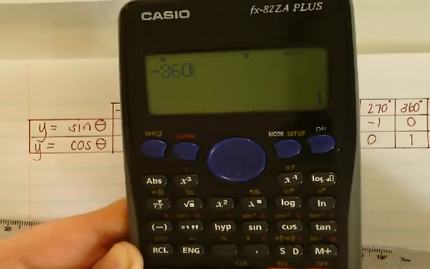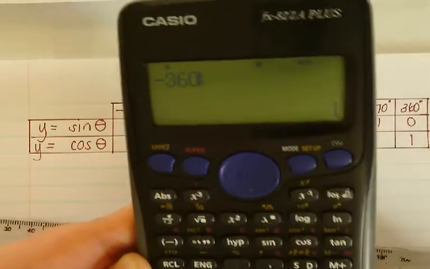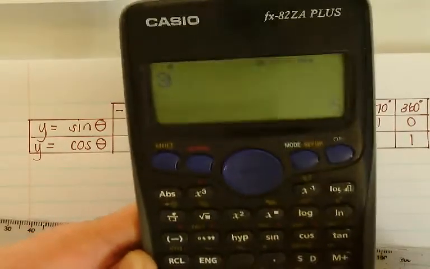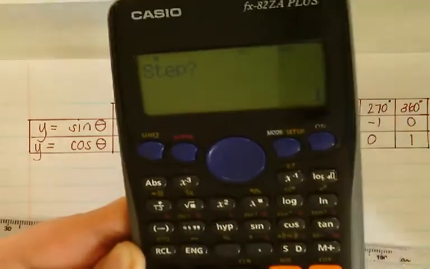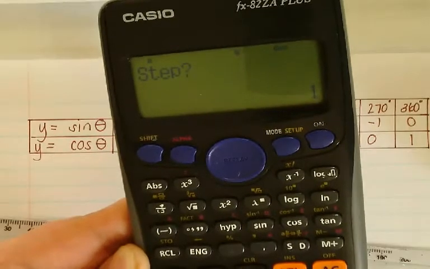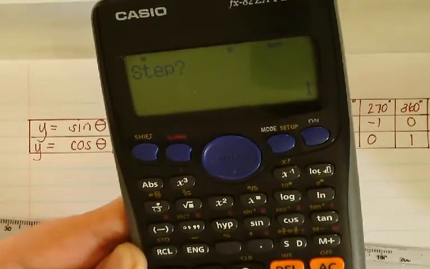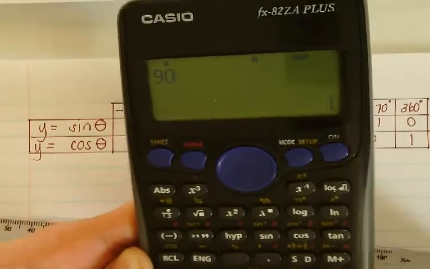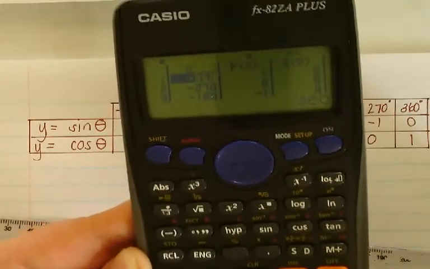So put in negative 360, press equals. Where are we ending? Positive 360, press equals. How did we jump from point to point? In 90. So put 90 in there, press equals. And there's your table.